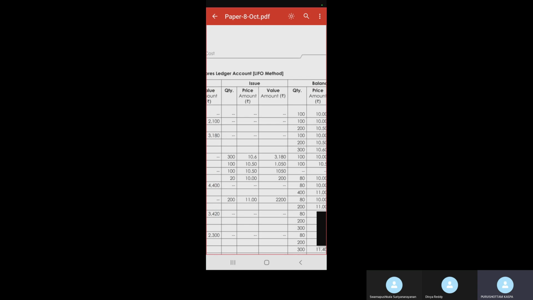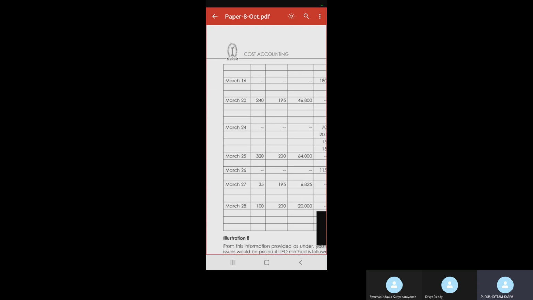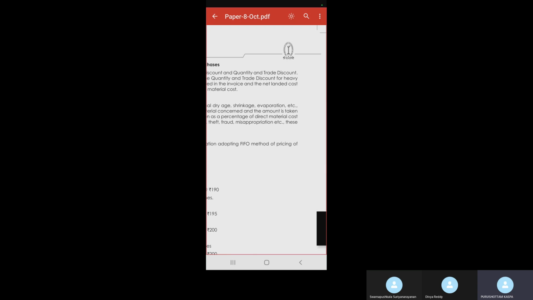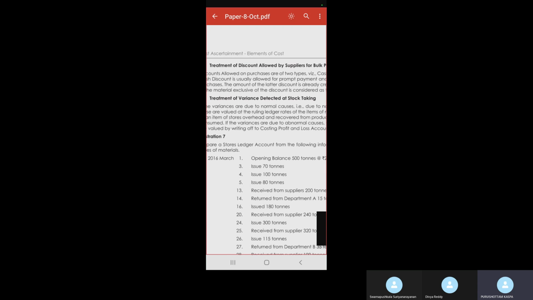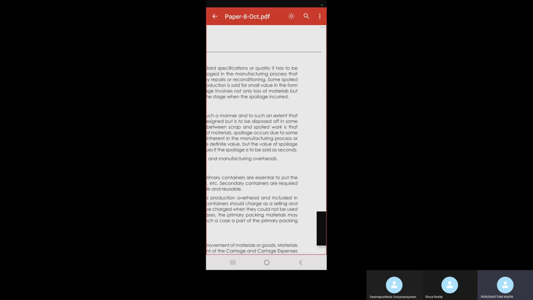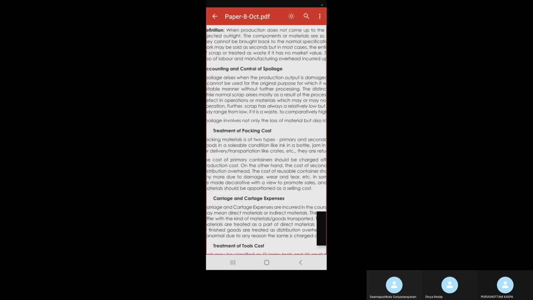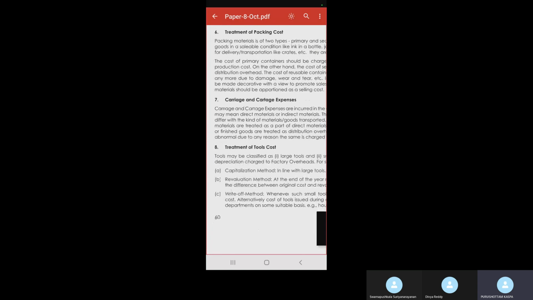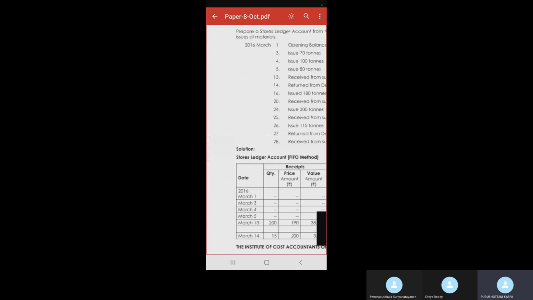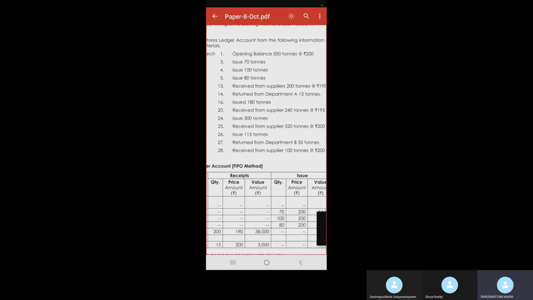Another problem faced by management is at what price materials are to be issued from stores to the production department. Stocks are counted in two ways, periodic stock taking and perpetual stock taking.